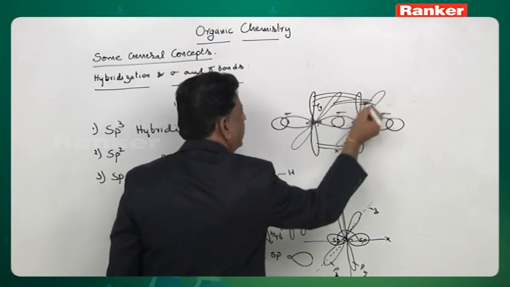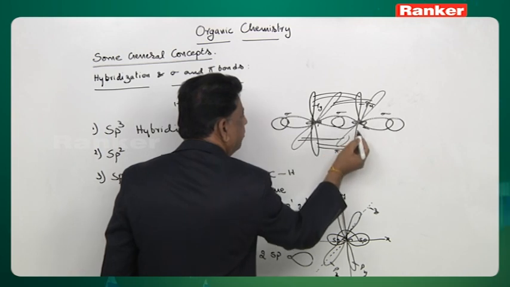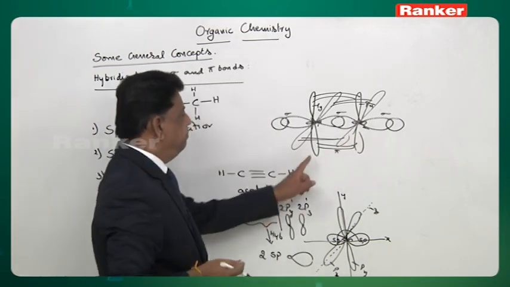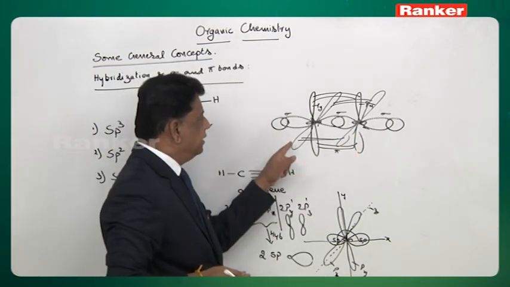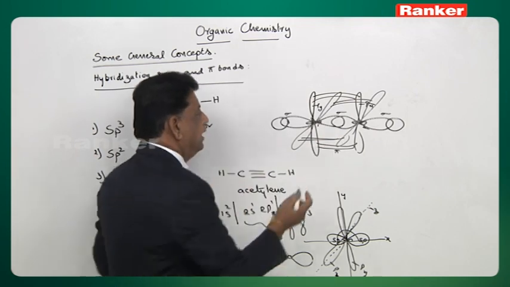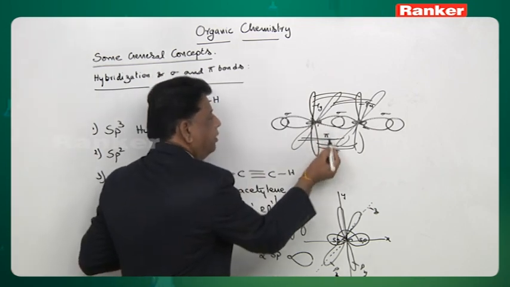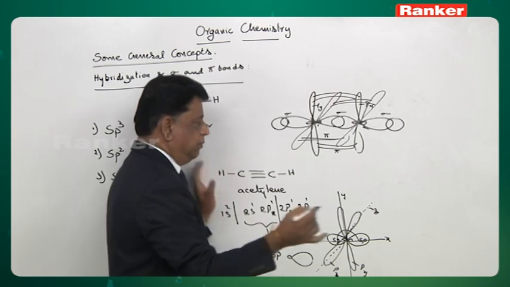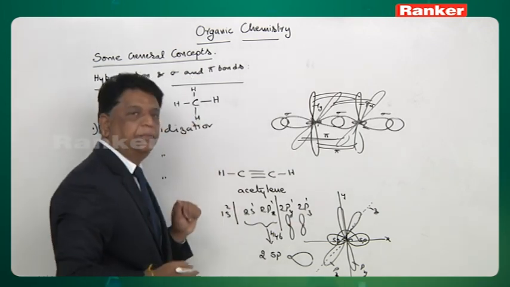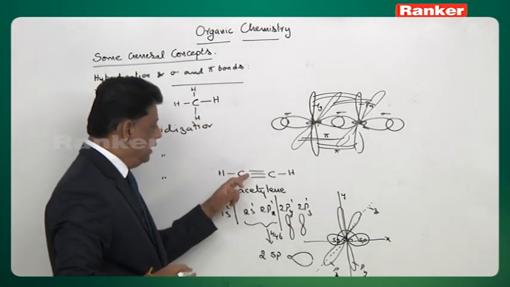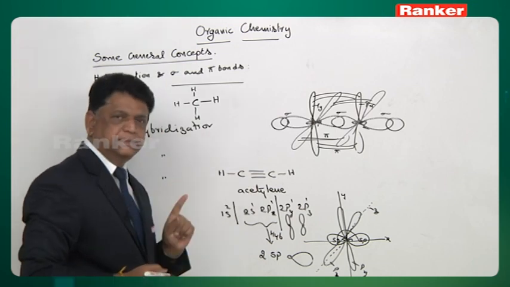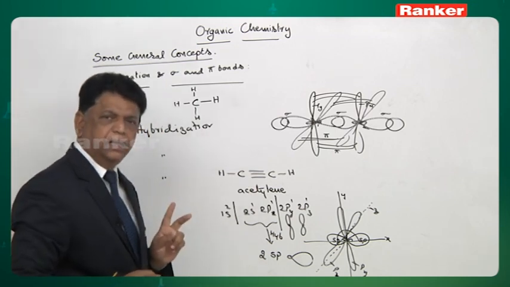Now the figure has become a little shabby, but one has to understand that the py orbitals are parallel and the pz orbitals are also parallel, making one more pi bond. So two pi bonds and one sigma bond are represented as a triple bond. In this triple bond, you can say one is a sigma bond and the rest two are pi bonds.